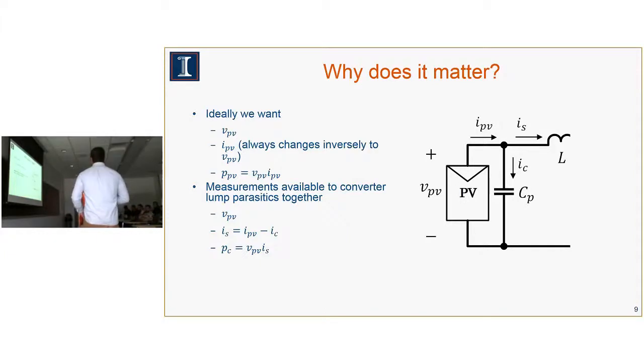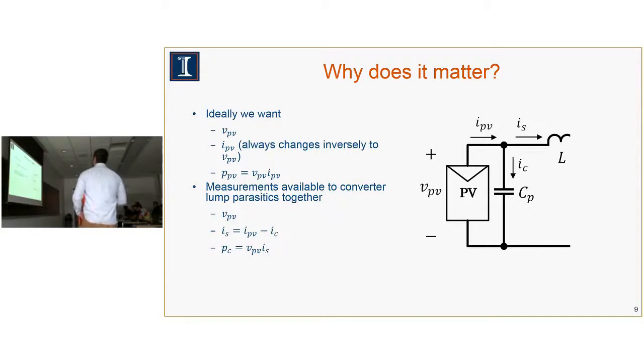It's essentially just a diffusion capacitance, which will introduce this second effect here that at low frequency isn't really an issue, but at high frequency it can begin to decouple the measured current seen by your converter from the desired current coming out of the panel. It's just given by this simple equation here.